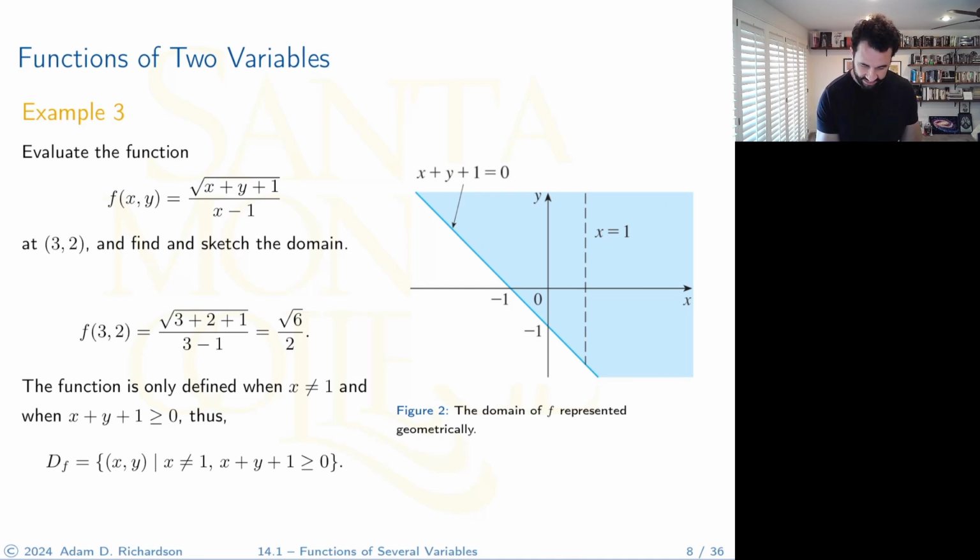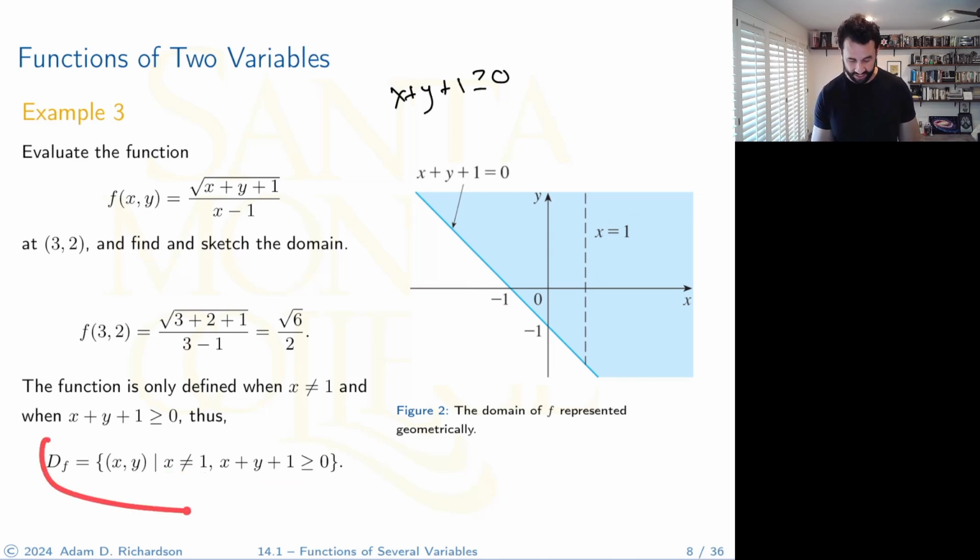So you set x plus y plus 1 to be greater than or equal to 0, and that gives you your region of acceptability, which I write down here in set builder notation. Again, this is another reason why set builder notation is so nice, because you can just say, it's the set of all these points that satisfy these conditions, which is great.